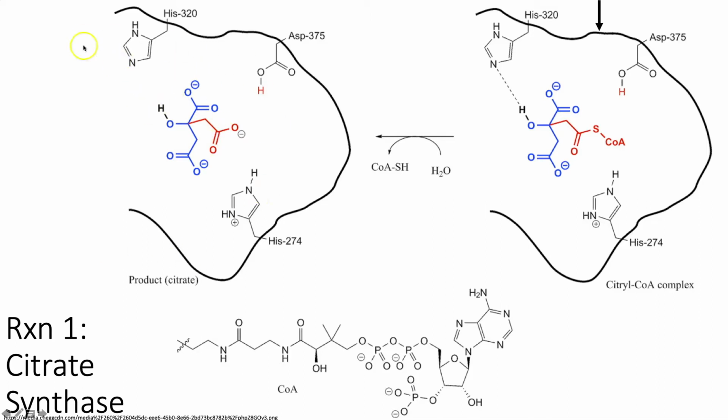Now, something I always want you to remember is that when we're doing these reactions, the active sites of these enzymes are really important, and the actual structure and location of the amino acids is really important.